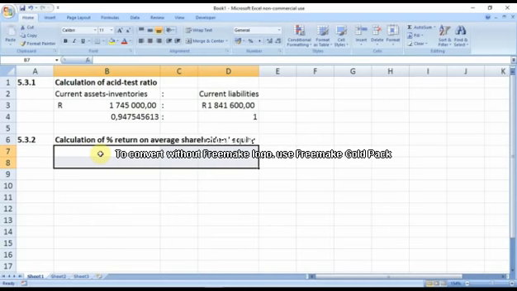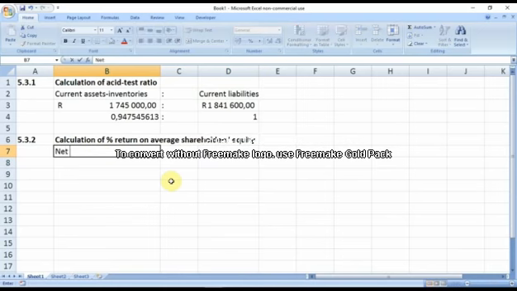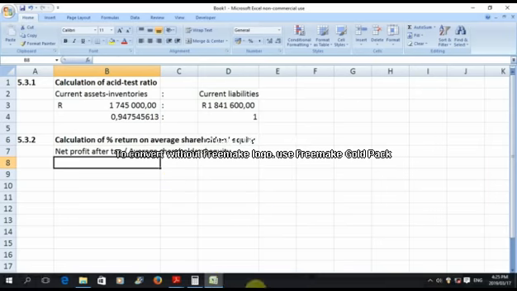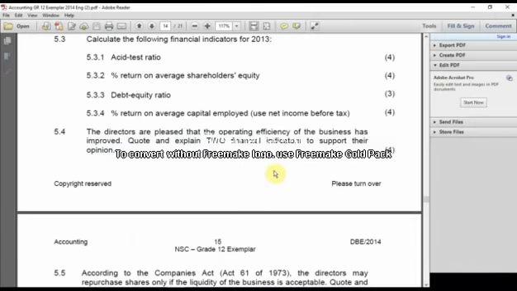So we have the return, which we said is the net profit after tax, our bottom line, and we have to divide by average shareholders' equity. So net profit after tax, we said, should be in the income statement.